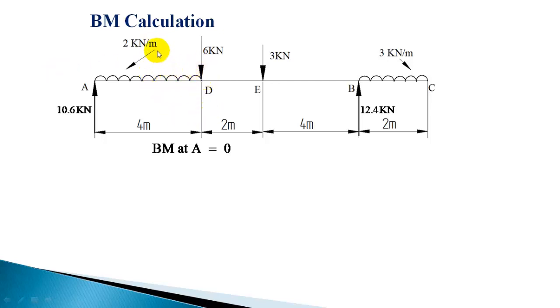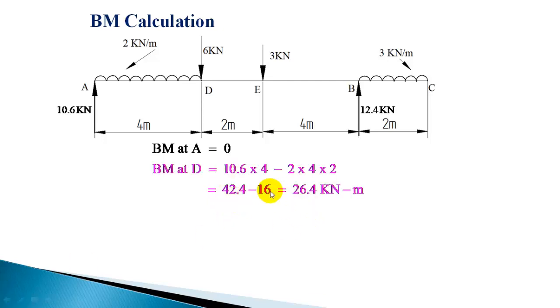When you consider the left side, downward force will produce negative moment. So the bending moment at D is 10.6 into 4 minus 8 into 2, that will give the bending moment at D as 26.4 kilonewton meter.